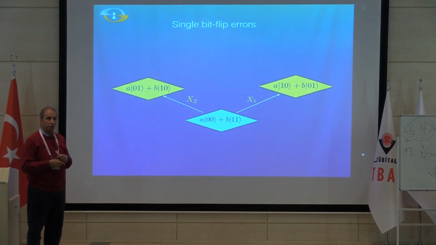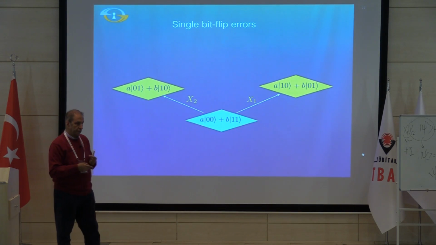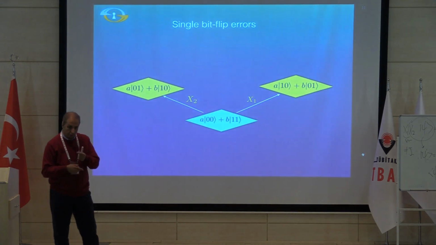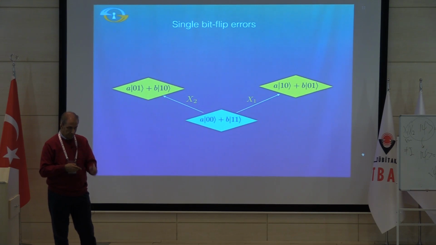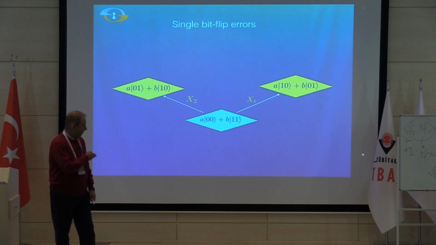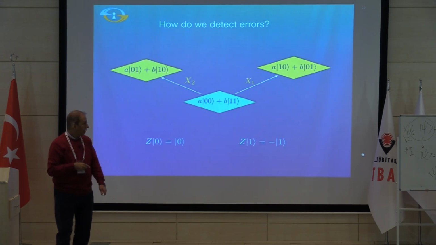In order to detect an error and be able to correct it, you have to spend more. Remember again that we are talking only about beta. Any objection, question, comment? Okay.